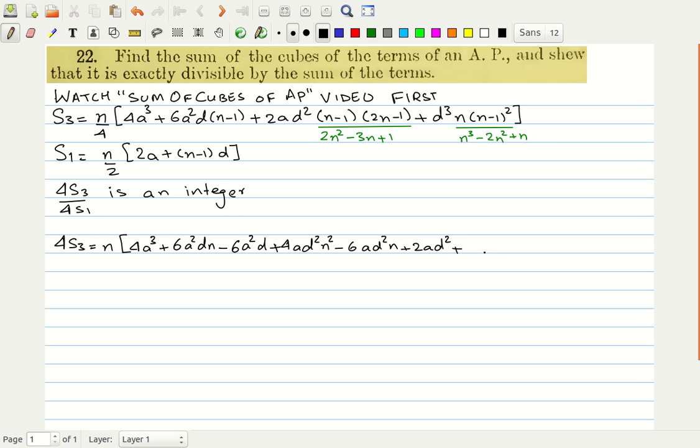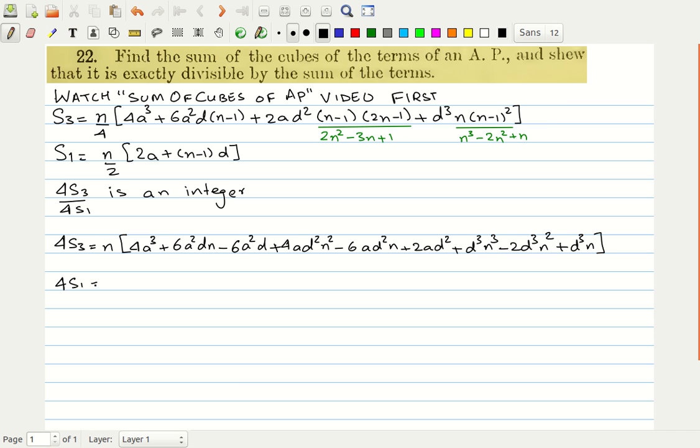This is simply d cube n cube, d cube n cube minus 2 d cube n square plus d cube n, right? So this is 4S3.